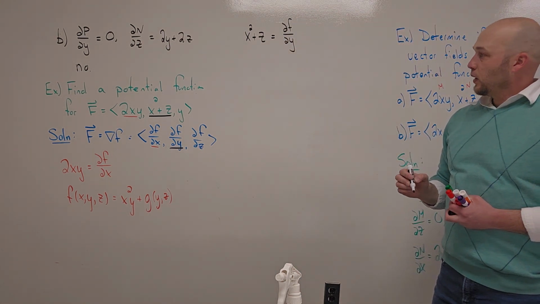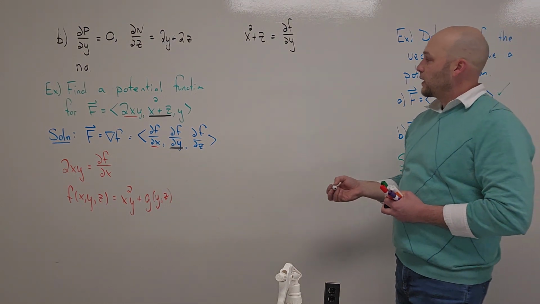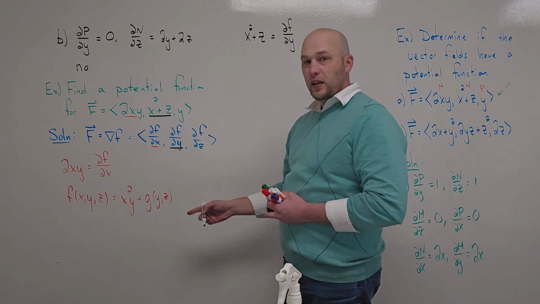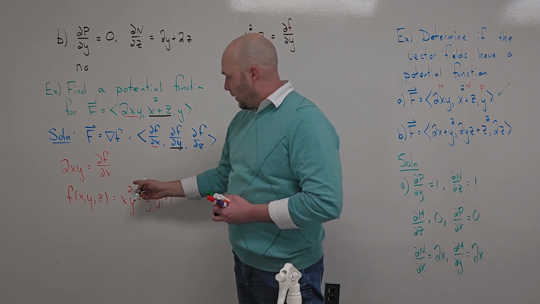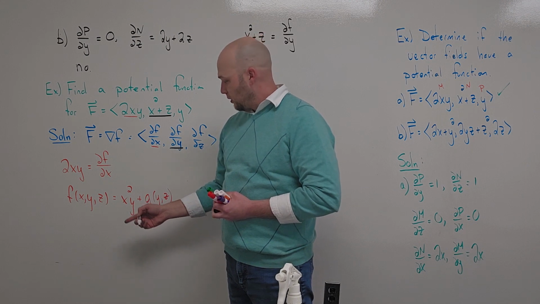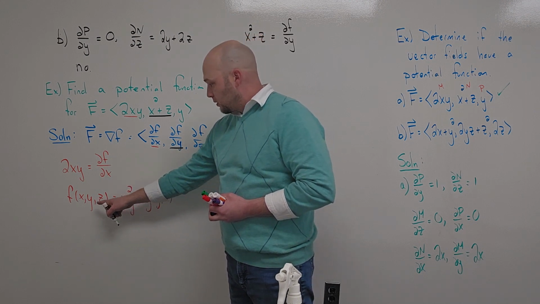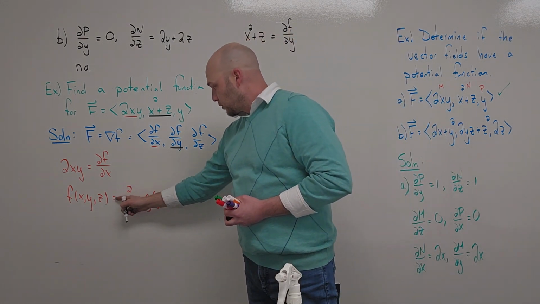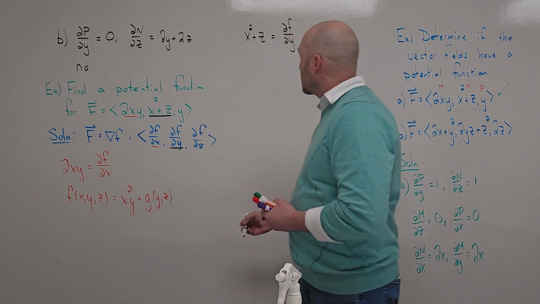Now at this point, we're going to solve this one slightly differently because I now have the building blocks of the potential function. Rather than doing an antiderivative idea like I did here to get started, for the partial derivative of f with respect to y, we can compute the partial derivative of this with respect to y.